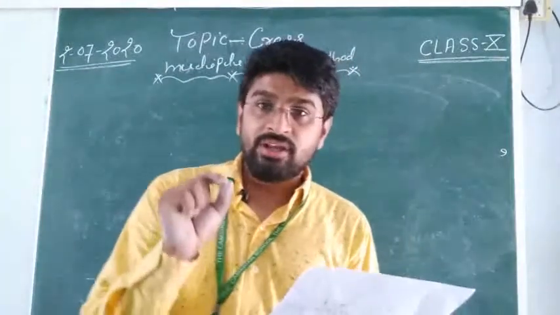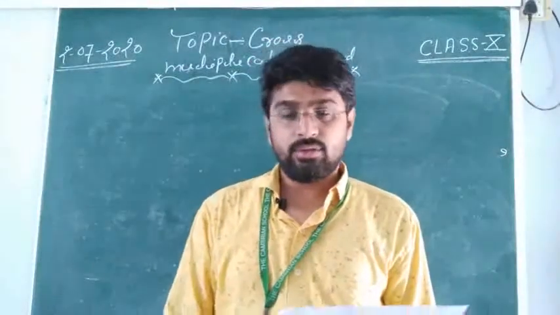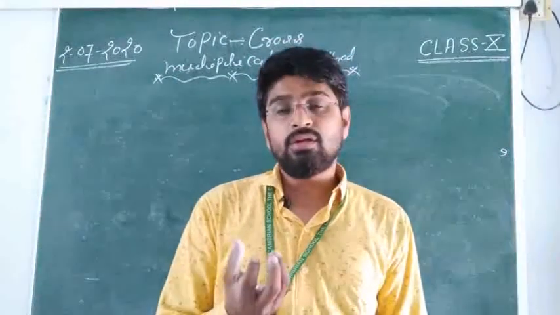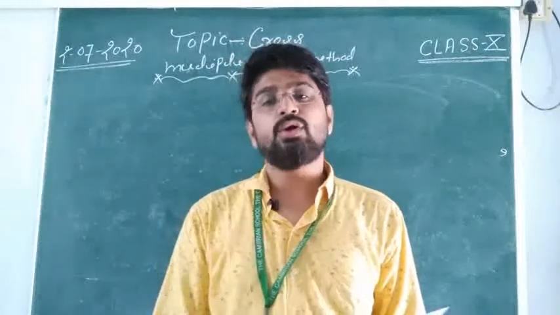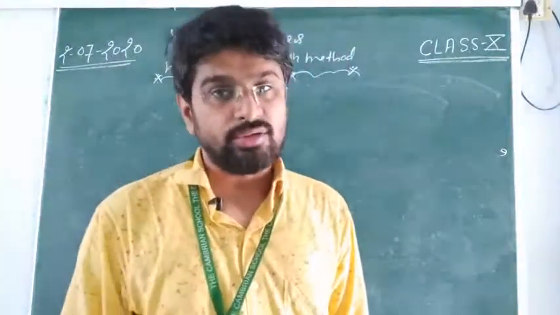If the question contains a unique solution, then find the value of x and y. So firstly we will check whether your equations contain a unique solution or not. You know very well how you can check that.